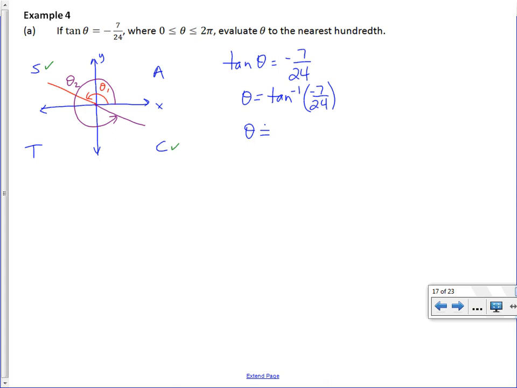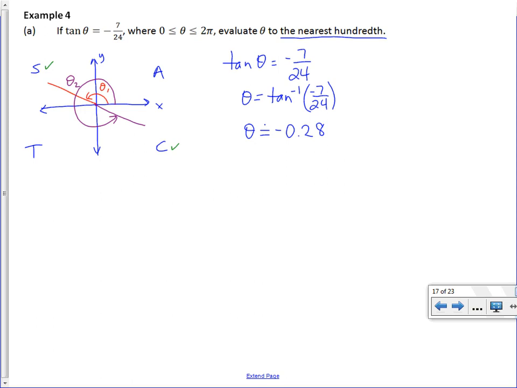It doesn't. So it's going to be calculator time. Again, you can kind of tell that by the way that the question was phrased. Tan inverse, bracket, negative 7 over 24, close bracket, equals. You should get negative 0.28 approximately.